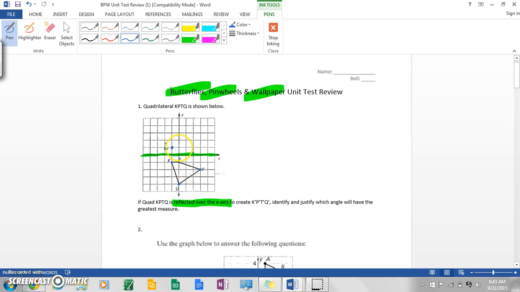P is only 1 unit away, so P prime will be here. T is 1, 2 units away, so it's 1, 2 units away here. T prime, sorry, stays here. And then 1, 2, 3, 4. This will be Q prime. So this is our new image here.